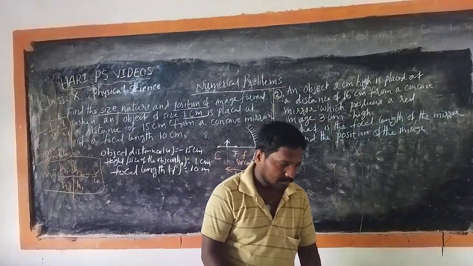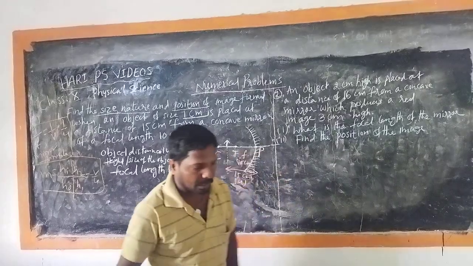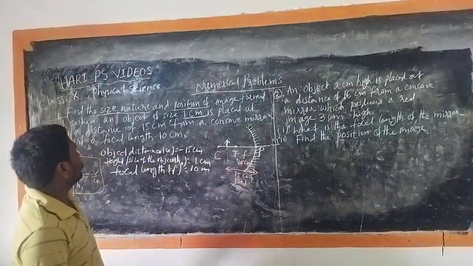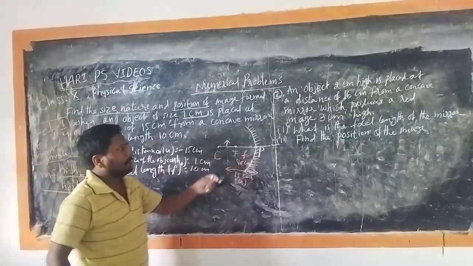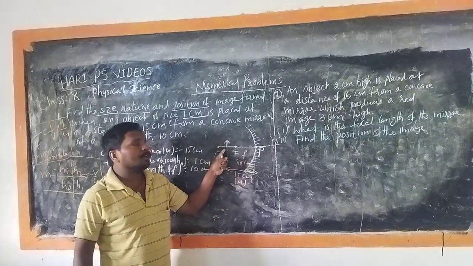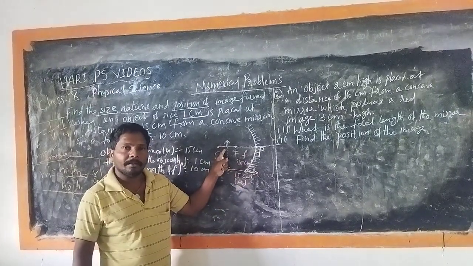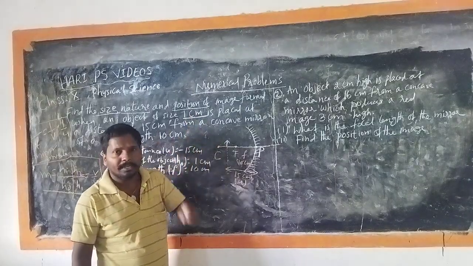First, what do you have to find? Position of the image. Simple. Whenever you draw a rough diagram and you know the position of the object, identifying the position of the image is very easy.